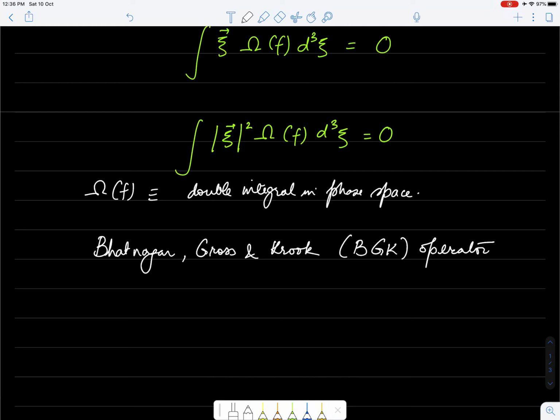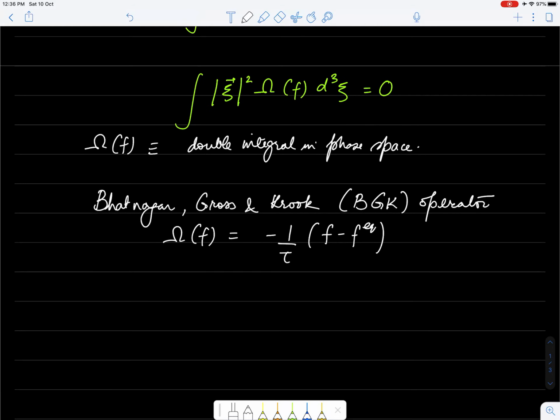What this simpler operator does is it approximates the collision operator as a simple linear relationship with f. Okay, so f is the distribution function. f equilibrium is the well-known Maxwell-Boltzmann distribution, which is the equilibrium condition, and tau is what we call the relaxation time.